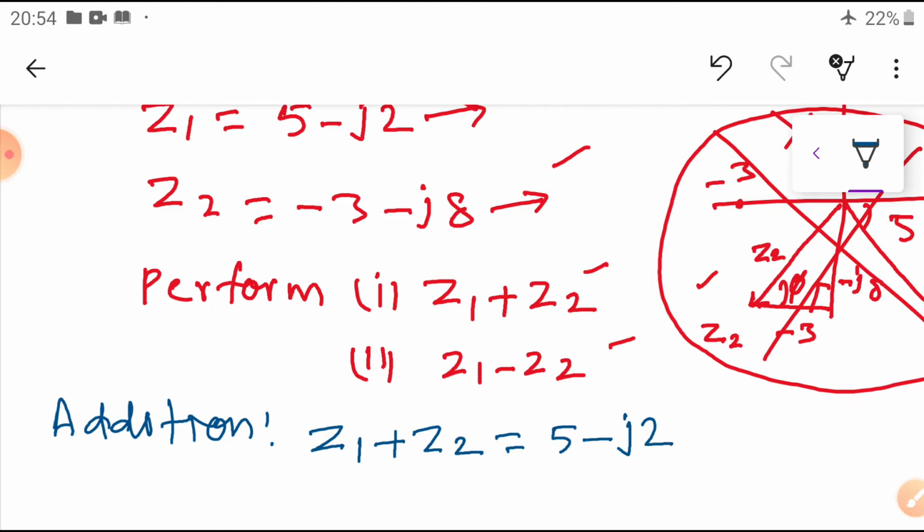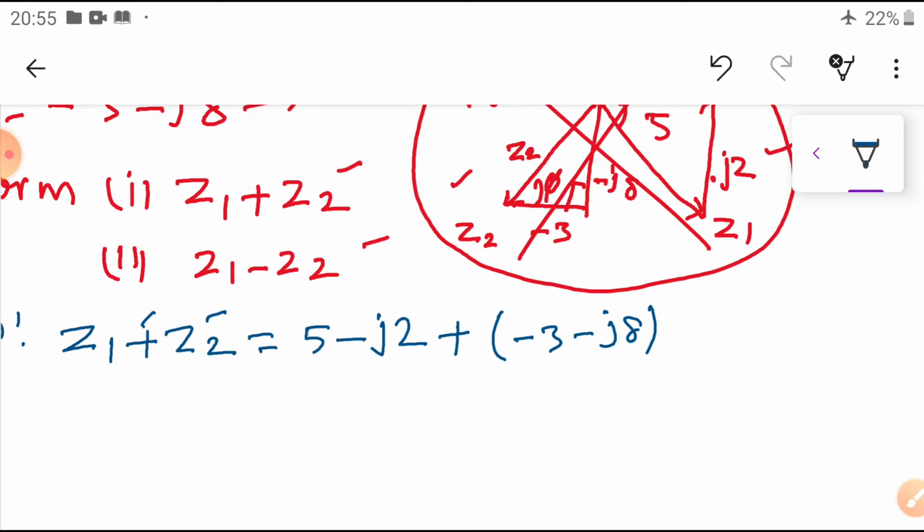Here 5 boys, 2 girls. Here plus. What is the Z2? Another family. Here we are going to do the minus, 3 boys and 3 girls. Then simplify it. 5 minus j of 2, minus 3 minus j of 8.